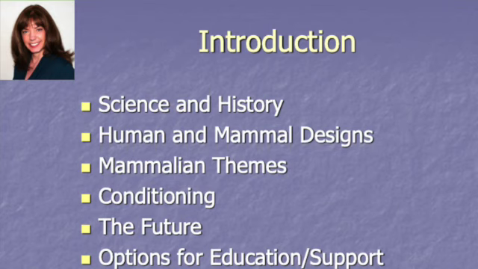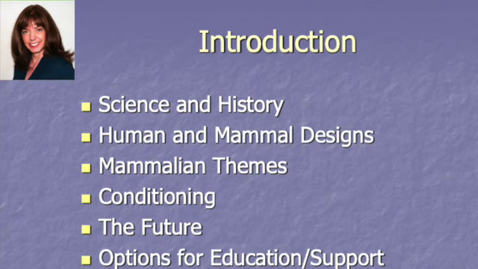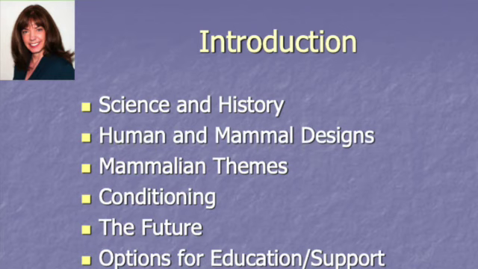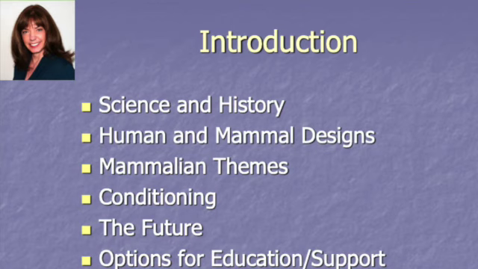We're going to go through science and history just very briefly, talk and show you the difference between a human and a mammal design, and touch on some of the mammalian themes. I wanted to do that so that you see that even though there's a matrix that appears to have similar gaits as us, for example, in our own human designs, there are different themes that apply to mammals.